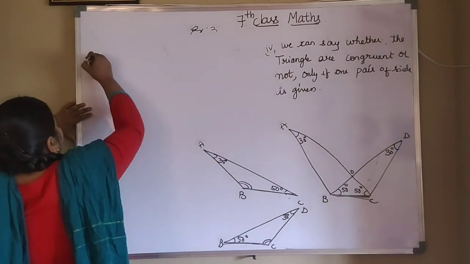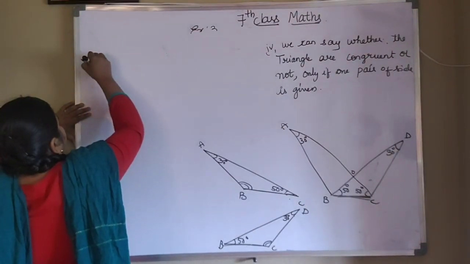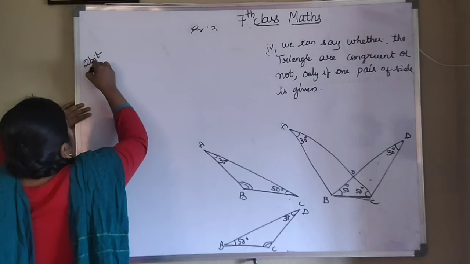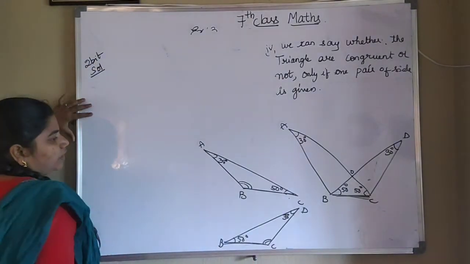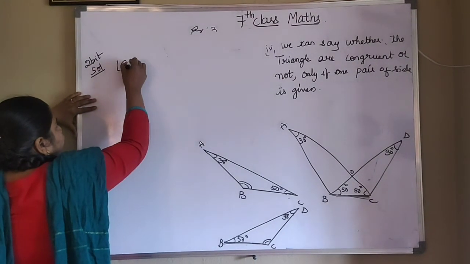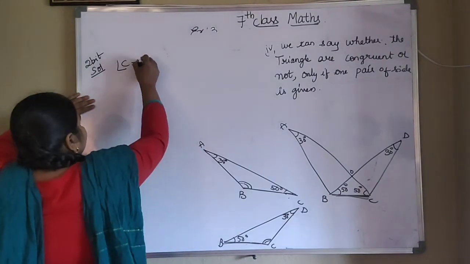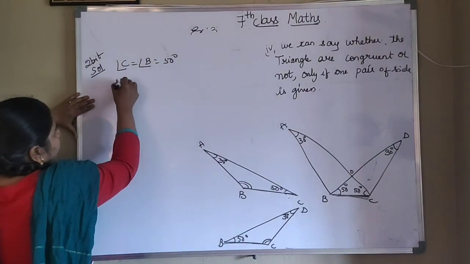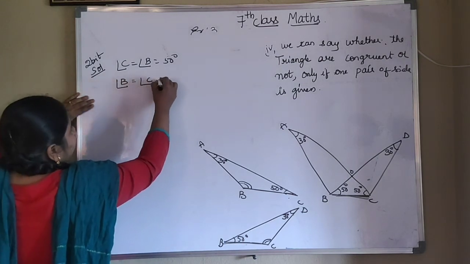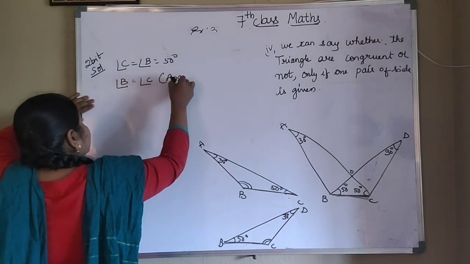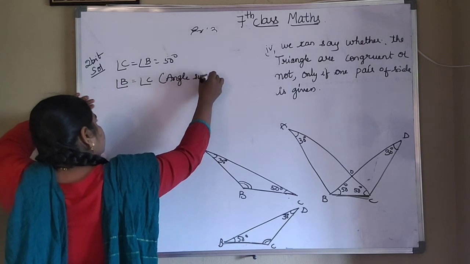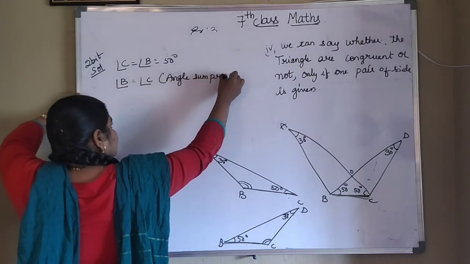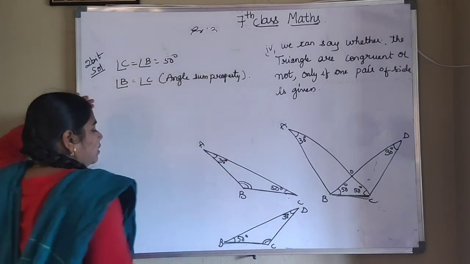So what they have given you right here: angle C is equal to angle B, that is 50 degrees, and we can write angle B is equal to angle C by angle sum property.